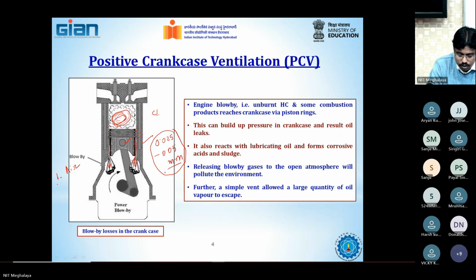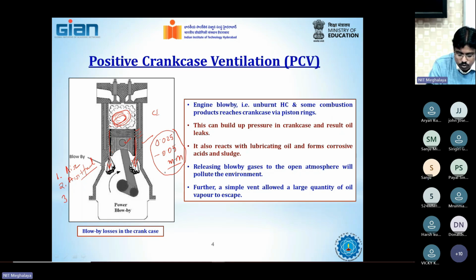Apart from air, there can be a mixture of air plus fuel, definitely vapor fuel, which can come through this gap between the piston and cylinder and come to the crankcase.